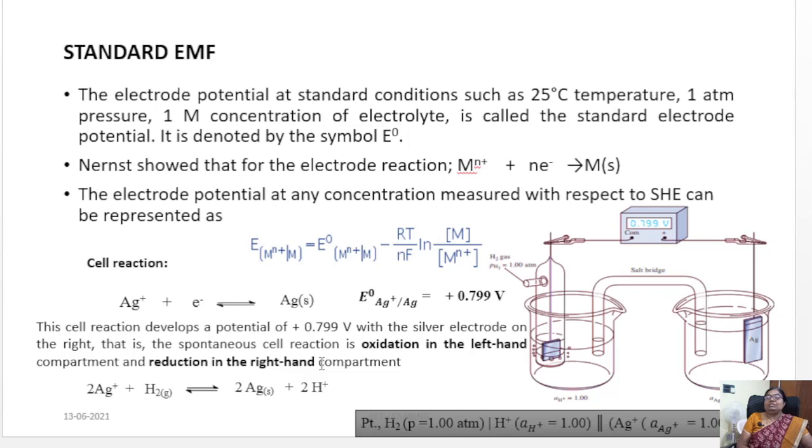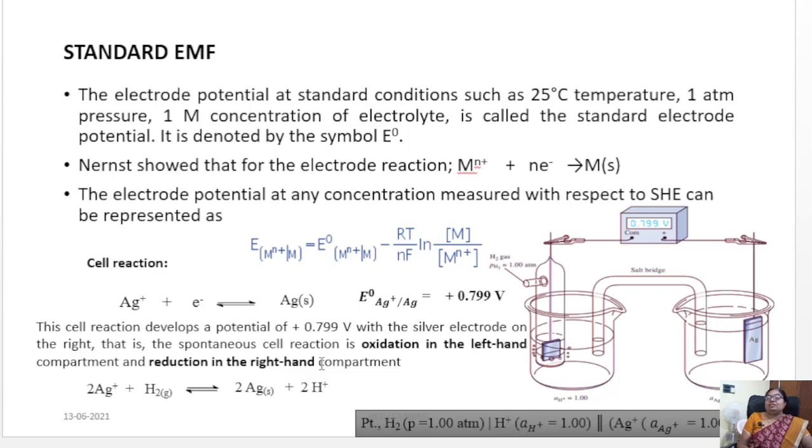Nernst showed that an electrode undergoing oxidation loses electrons, for example a metal reacting with an acid, while a metal ion has the tendency to accept electrons and get deposited on the cathode side. The electrode potential at any concentration is measured with the SHE.